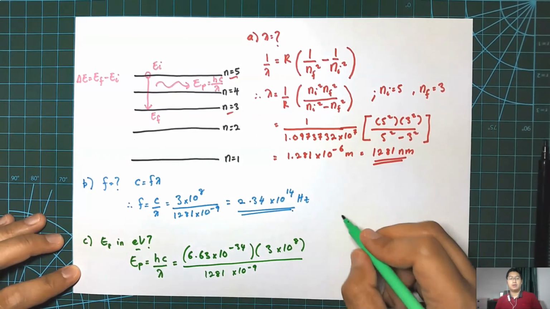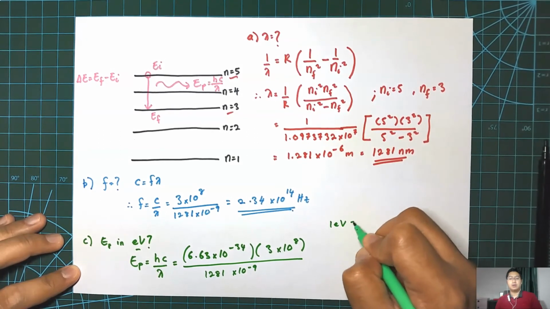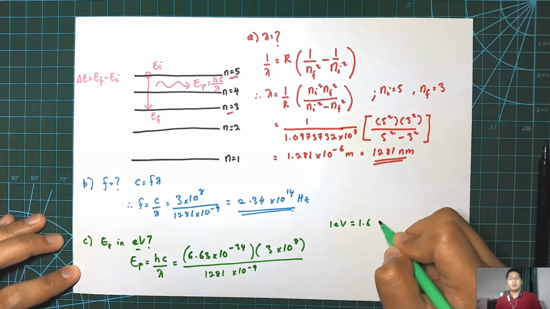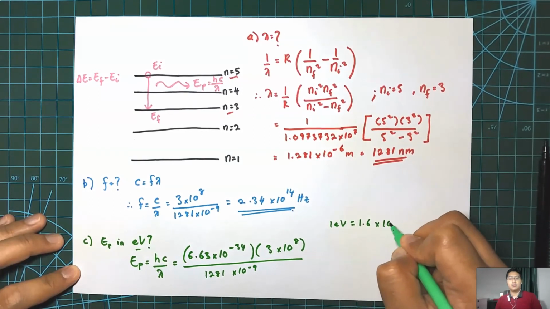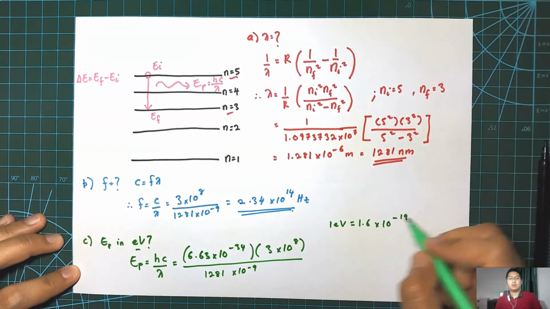You need to bear in mind that the SI unit for energy is joule, but the question requires you to find the energy in electron volt, so you need to convert joule to electron volt.